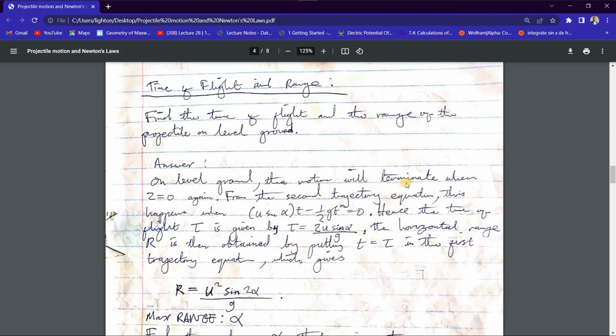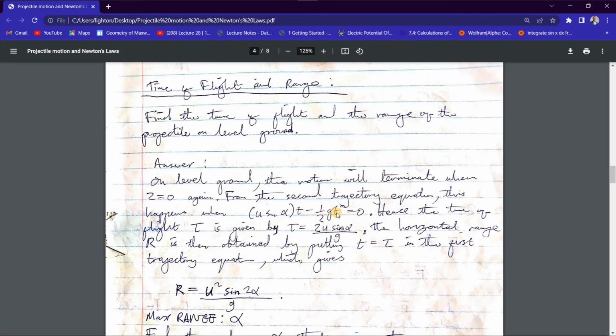Now from the second trajectory equation, this happens when u sin alpha t minus half g t squared is equal to 0. Since we said z is 0, we make this expression 0. Hence the time of flight, tau, is given by tau equals 2u sine alpha over g.